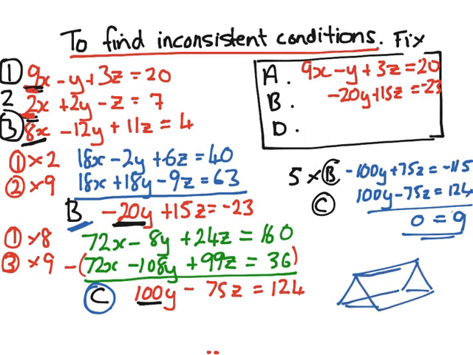Equations 1 and 2 meet in this line here, and equations 2 and 3 meet in this line here. They are parallel because one's a multiple of the other, but they have different constants on the right hand side. So that's how we interpret them. When you get a false statement, the most likely situation is where they meet in lines that are parallel to each other.